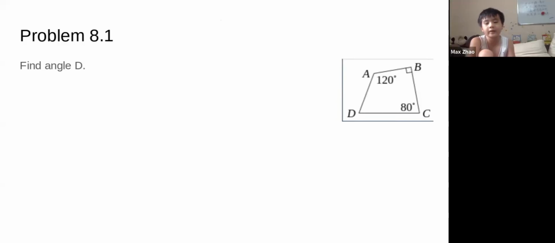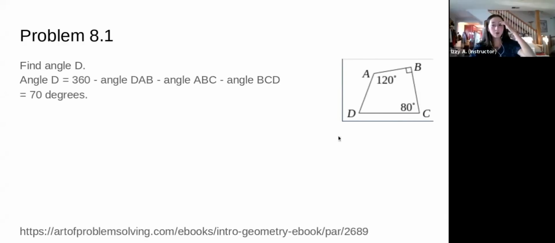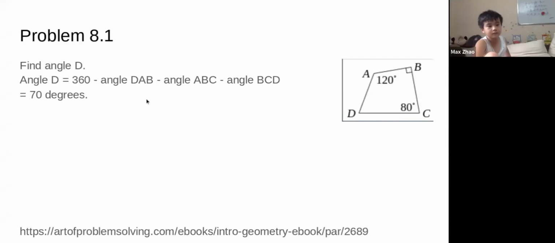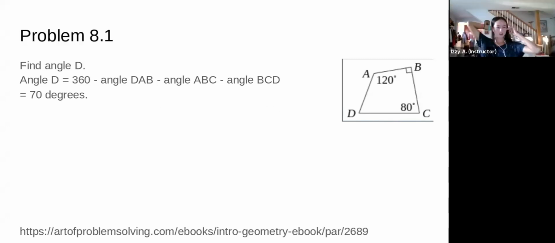Just add up all the angles and then subtract that from 360 degrees, and then you got the angle. So if you want to figure out angle D, as Max and Kessler figured out, it is 360 minus angle DAB minus angle ABC minus angle BCD, which is 70 degrees.